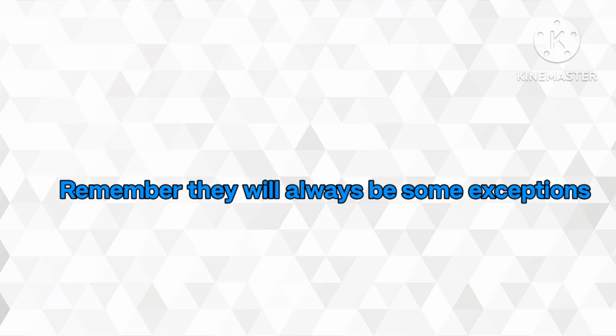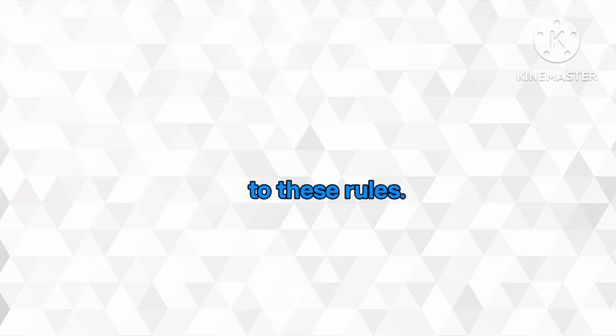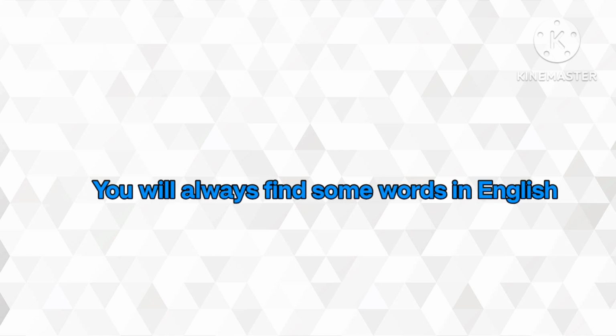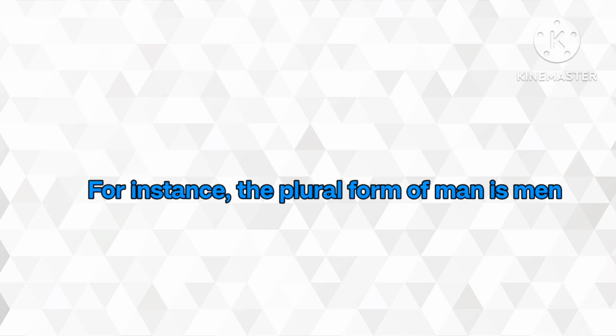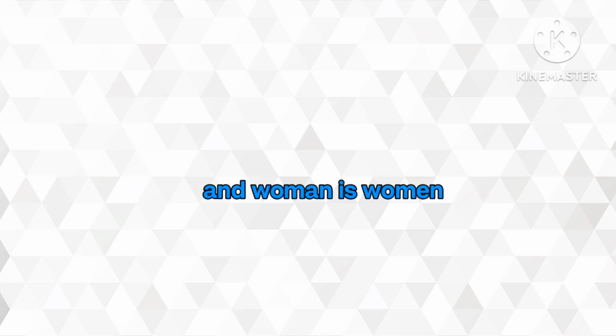Remember, there will always be some exceptions to these rules. You will always find some words in English that don't follow the rules. For instance, the plural form of man is men, woman is women and child is children.